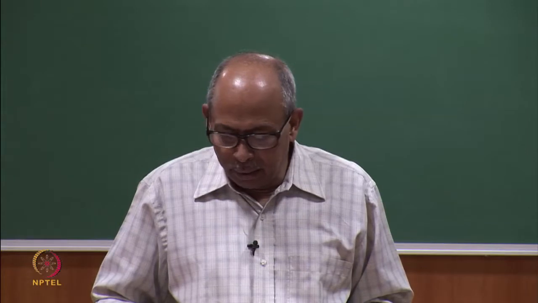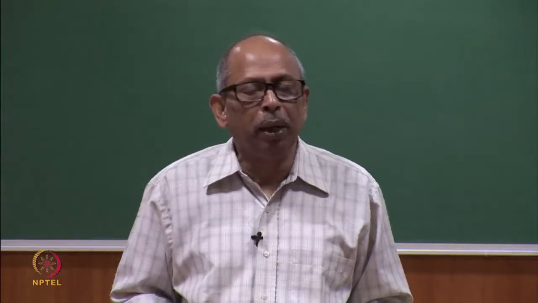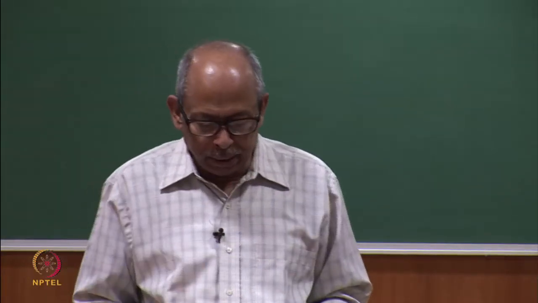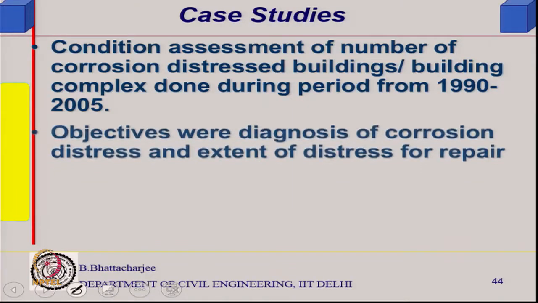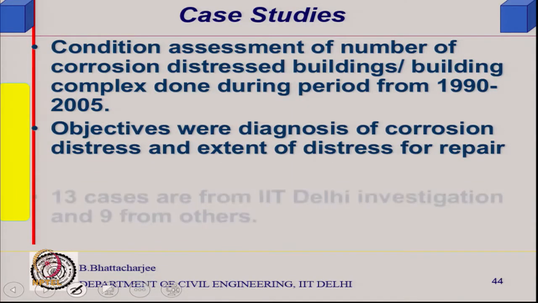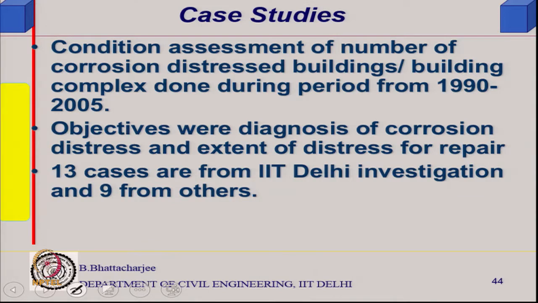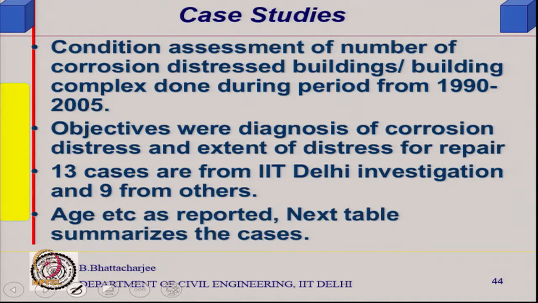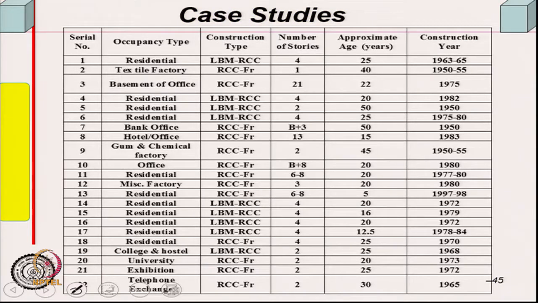If you do a number of case studies, which are being reported here, one thing is found: in most of the cases, diagnosis was done and corrosion was found, and many of them are our own investigations actually.